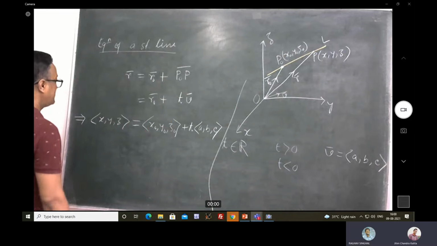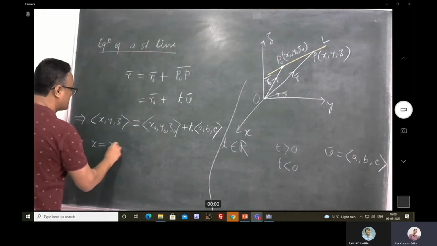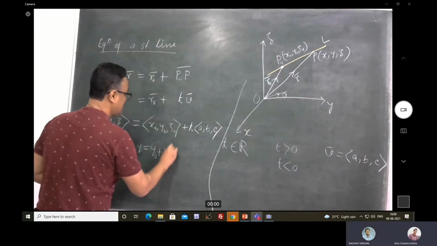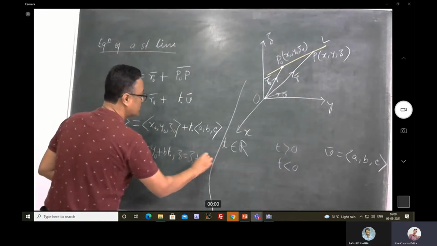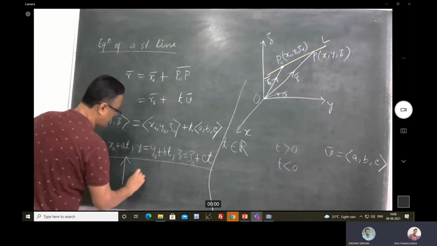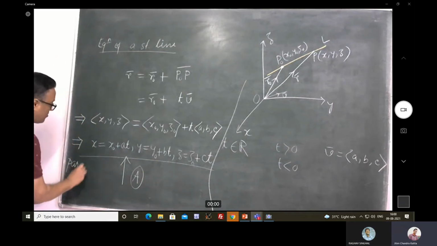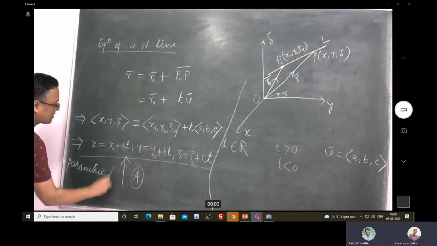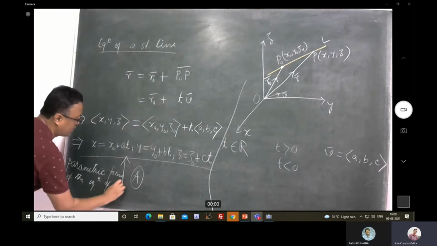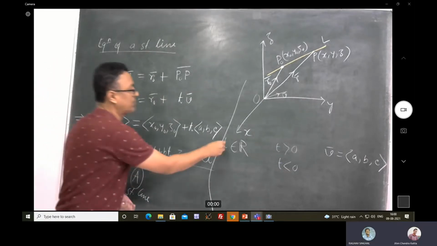This can be written as x equals x naught plus at, y equals y naught plus bt, and z equals z naught plus ct. Let me call this set of equations A. This is called the parametric form of the equation of the straight line, because of the values of the parameter t.